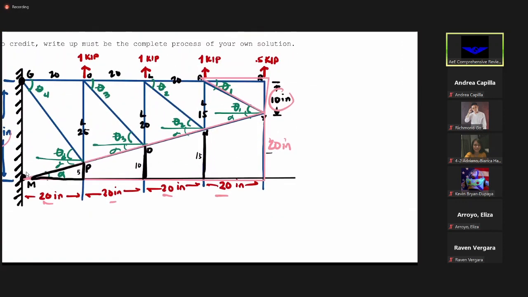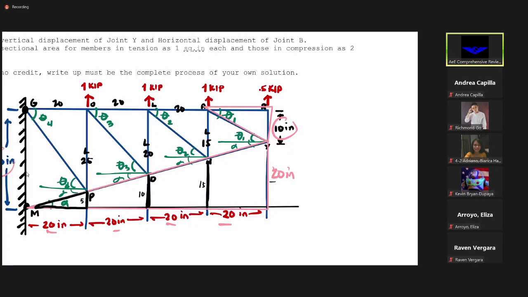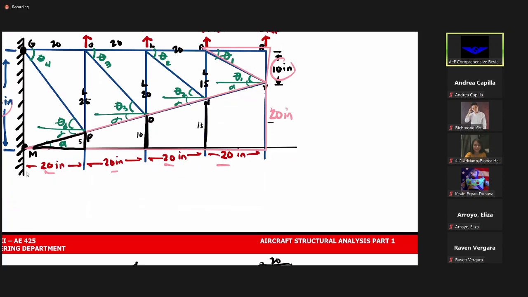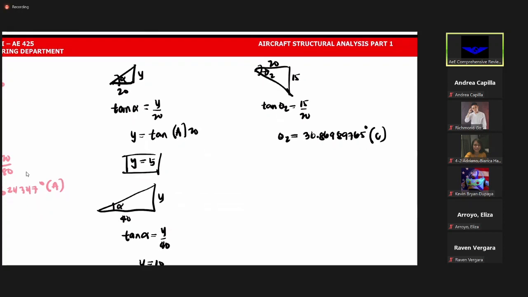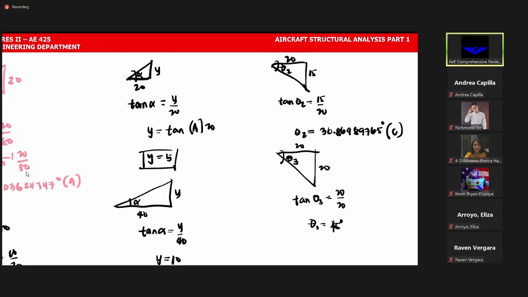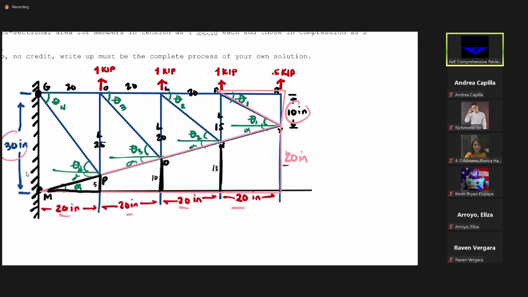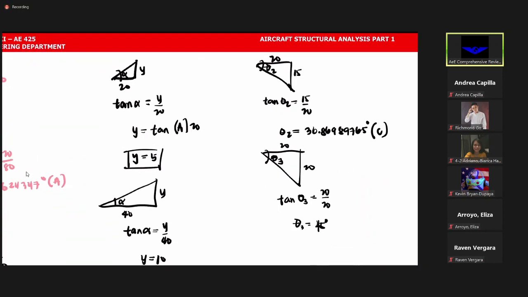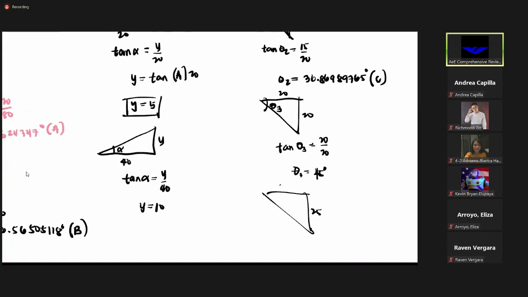Okay? So dito naman, yung triangle naman ng theta sub 3, as you can see, meron 20-20. So drawing ka ng triangle, that is 20, 20, theta sub 3, and then tan theta sub 3 is equal to 20 over 20. Theta sub 3 is equal to 45 degrees. Okay? And sa theta sub 4, 20 and 25. So 25, 20, theta sub 4.